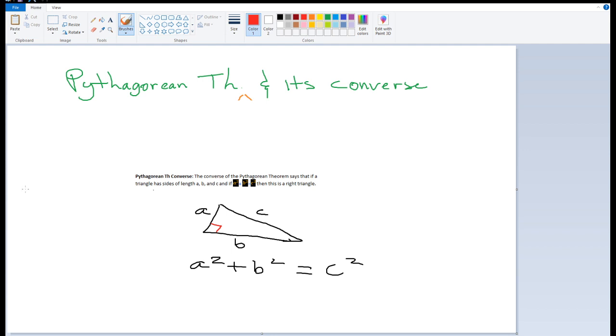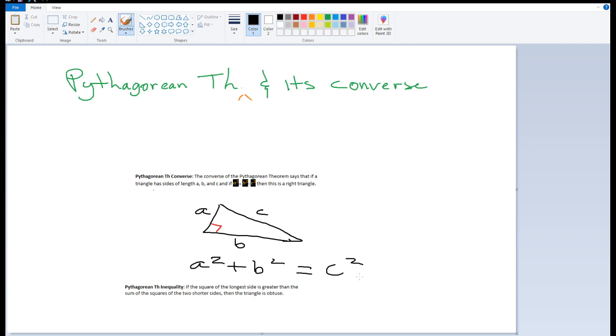The next thing is what we call the Pythagorean theorem inequality. It's referring to a triangle.